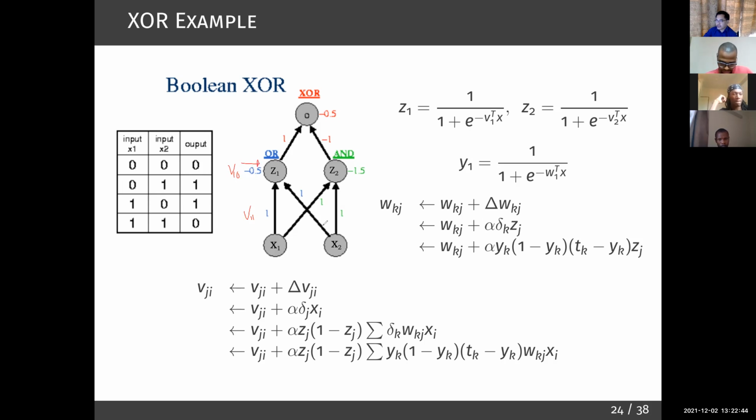And here the weight is v12. So the other one is the output V2. Here, this is your V1, V1 transpose multiplied by X1, X2, which is your input.